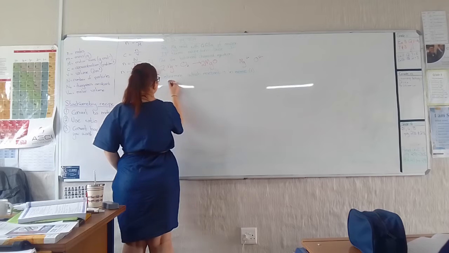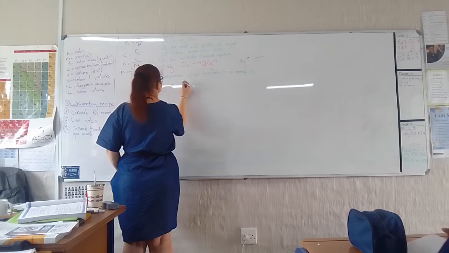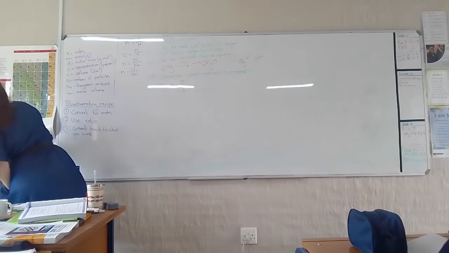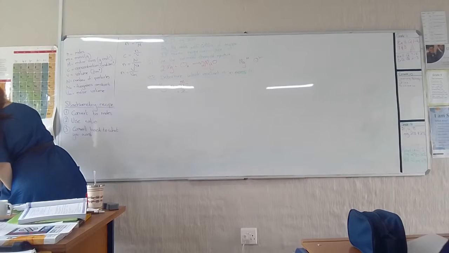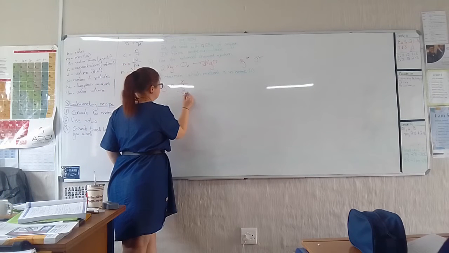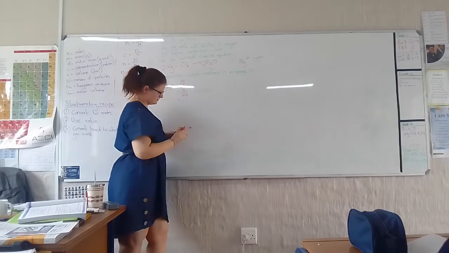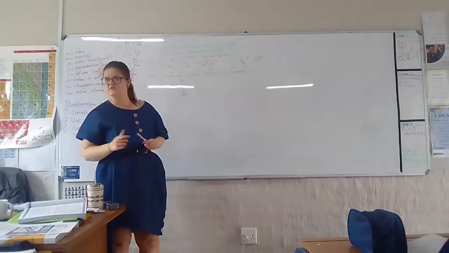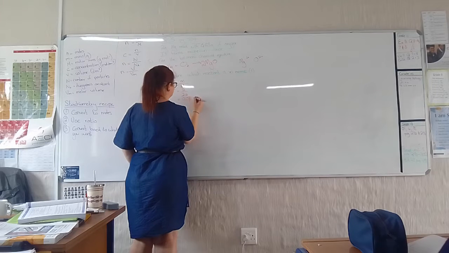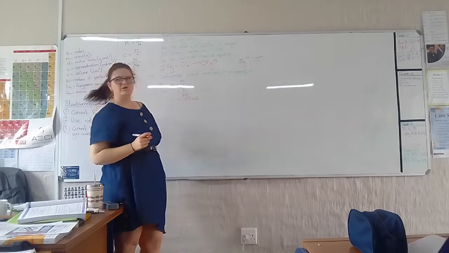So for magnesium, n is equal to m over capital M, gives me 2 over my molar mass of magnesium, 24, which gives me an answer of 0.08. Alright, and that's my moles.